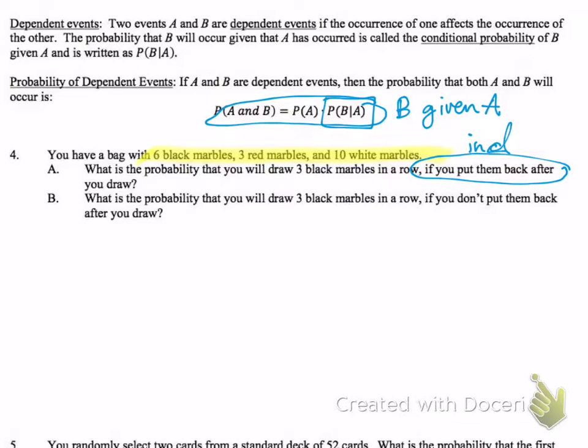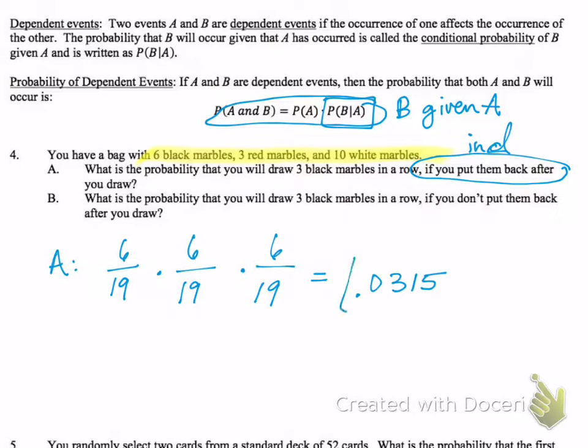So the probability does not change. So for part A, what is the probability of drawing 1 black marble? 6 out of 19, and I'm doing that 3 times. So 6 out of 19, 6 out of 19, 6 out of 19. So drawing 3 in a row, and you end up getting 0.0315.